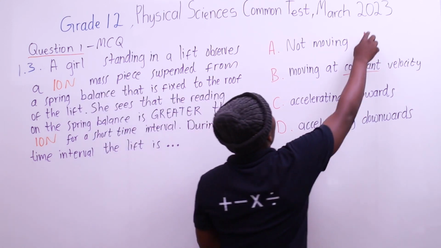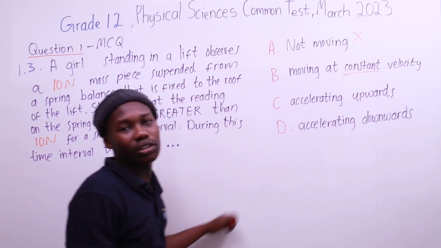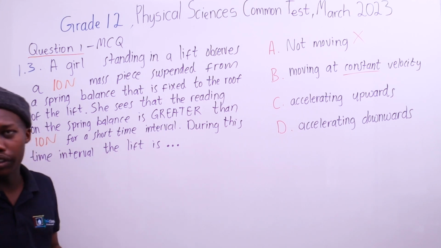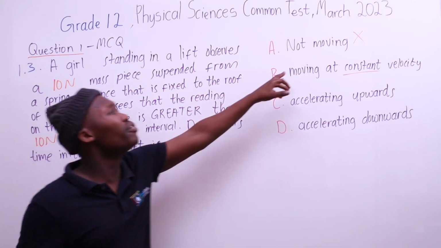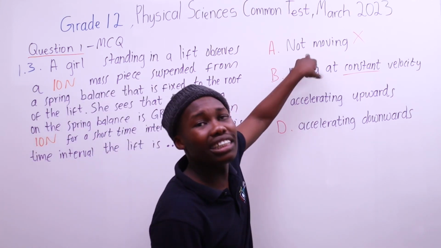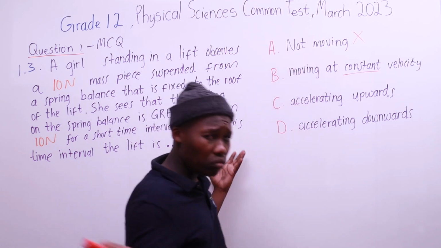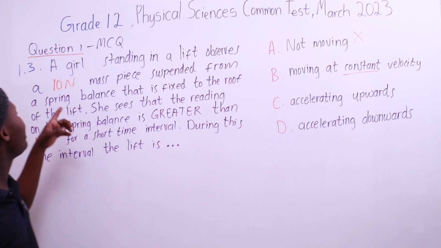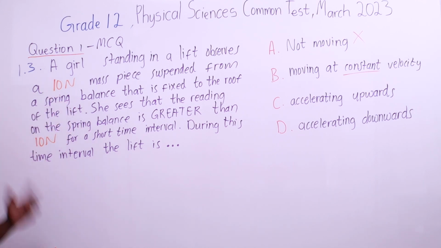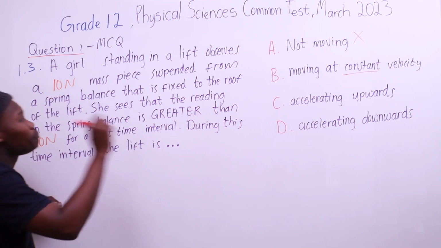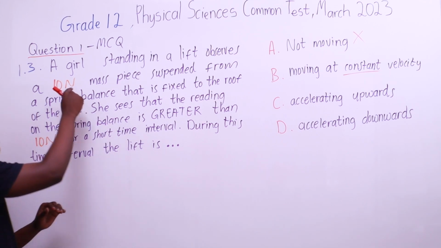First of all, it can't be not moving. A is already out. Why? If it's not moving, the acceleration is 0, therefore the net force acting is 0. Therefore we could not see a reading on the mass piece above 10 newtons.